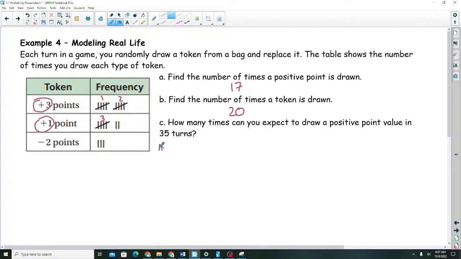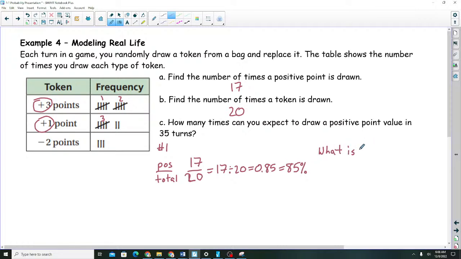Method number 1 is we can go the positive points and total draws, 17 over 20, equals 17 divided by 20, which gives you 0.85, which gives you 85%. And so if this continues, we would expect a positive token drawn 85% of the time.